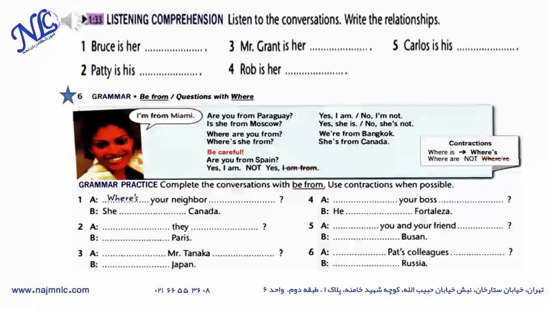Conversation 3. Mario, this is my boss, Mr. Grant. Hello, Mr. Grant. Nice to meet you. Nice to meet you, Mario. Conversation 4. Is Rob your classmate? No, he isn't. He's my colleague. Conversation 5. Mary, this is my friend Carlos. Hi, Carlos. Nice to meet you. Nice to meet you, Mary.